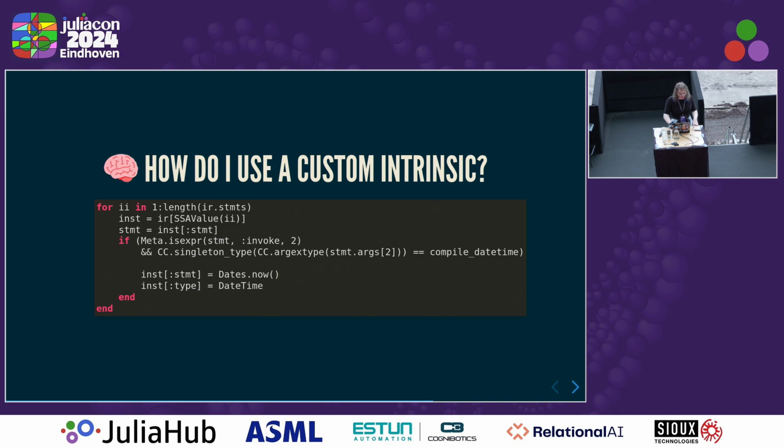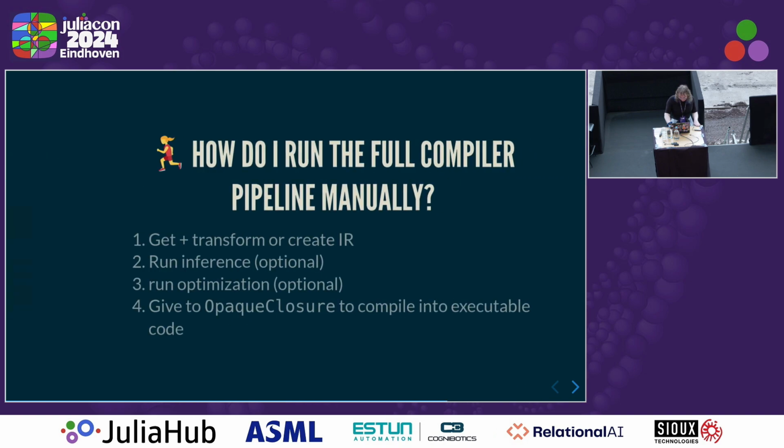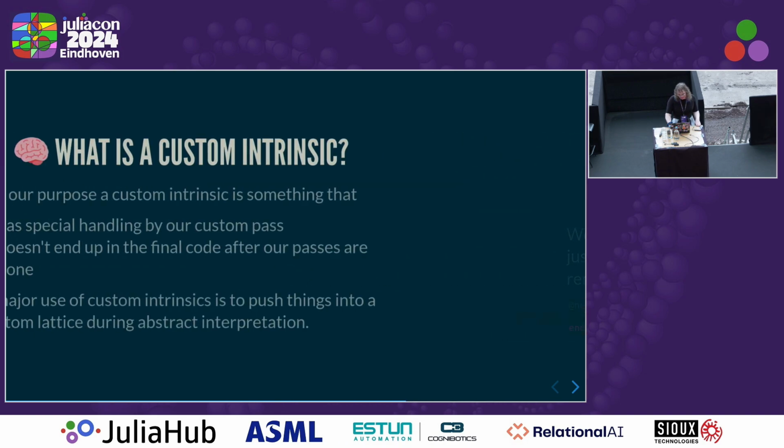If so, we're going to replace the instruction with datetime.now, which has type DateTime. So this custom intrinsic basically inserted into our code at compile time the current datetime that it was being compiled at. I don't know what this is used for. Someone might want to use it. It's a kind of novel thing that you can do with a custom pass that I don't think you can do very easily in other ways. But yeah, that's a custom intrinsic.